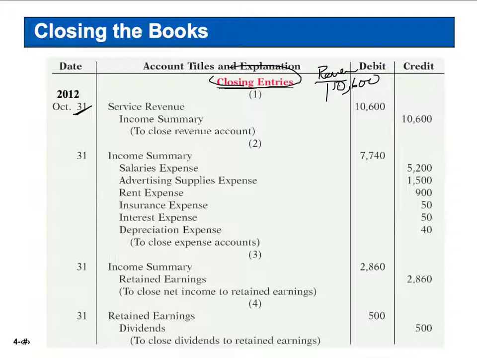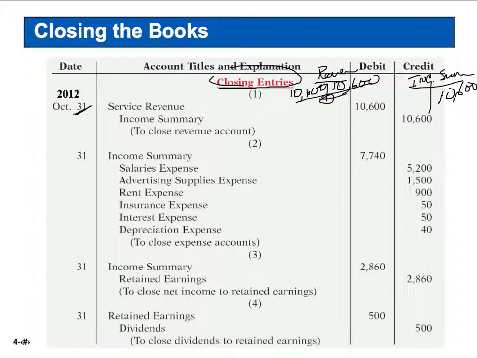I'm debiting service revenue $10,600, which means once I post it to revenue, revenue will have a zero balance. And I am crediting an account called Income Summary. I credit that, so it's $10,600 in Income Summary.